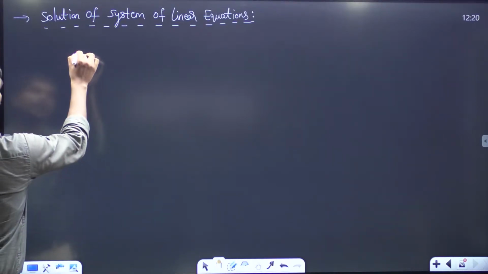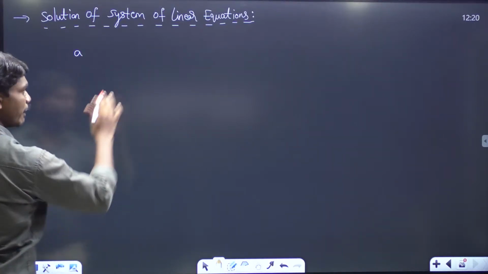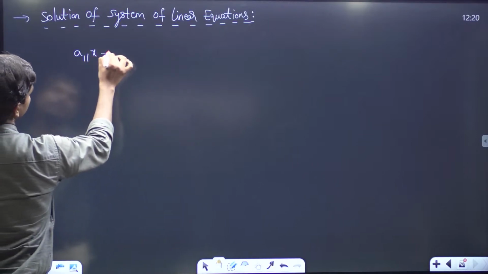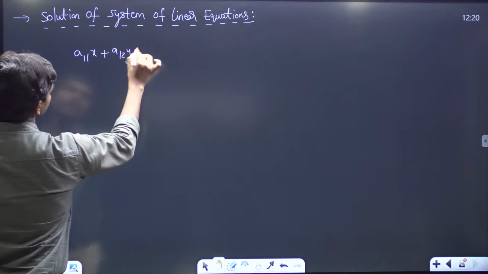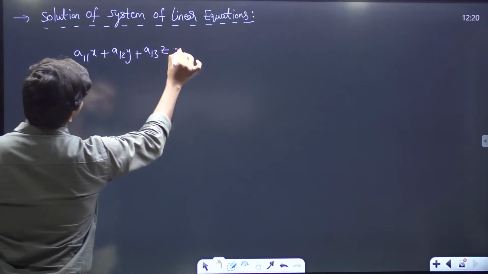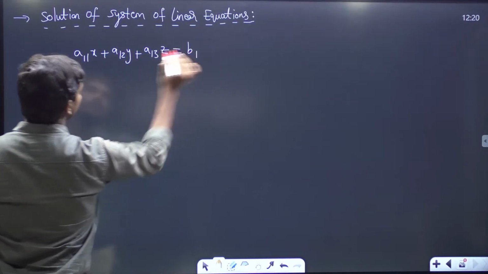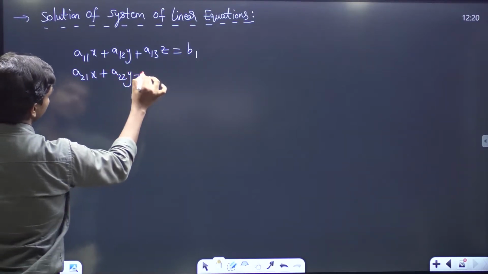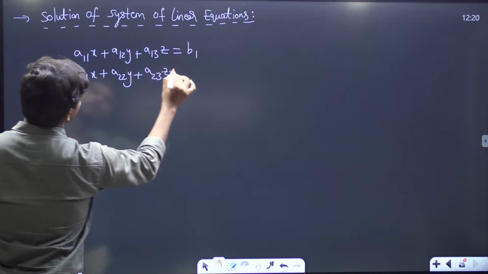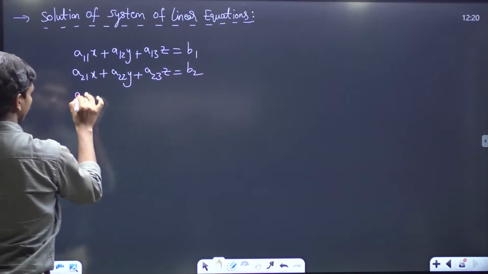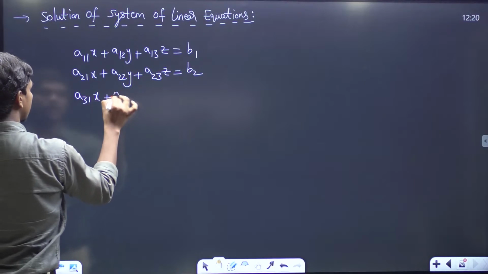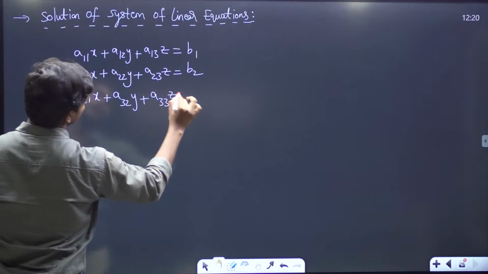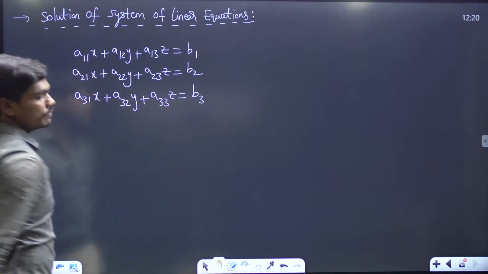So see here, I'm dealing with 3 equations, so we'll be having 3 by 3 matrices and all. If this is the system, a11x plus a12y plus a13z is equal to B1, a21x plus a22y plus a23z is equal to B2, a31x plus a32y plus a33z is equal to B3.